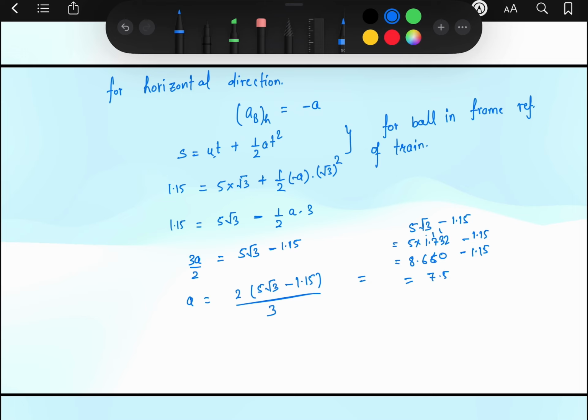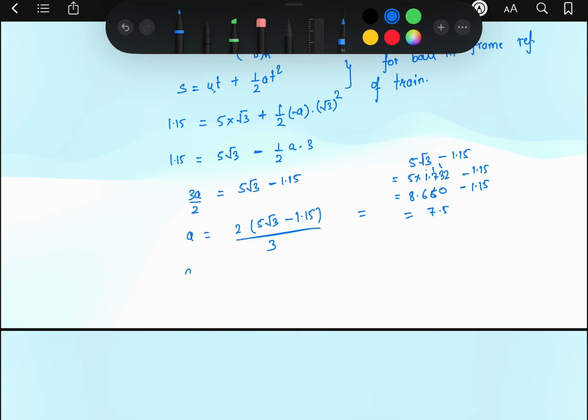So the value of acceleration will be equal to 2 by 3 of this 7.5.